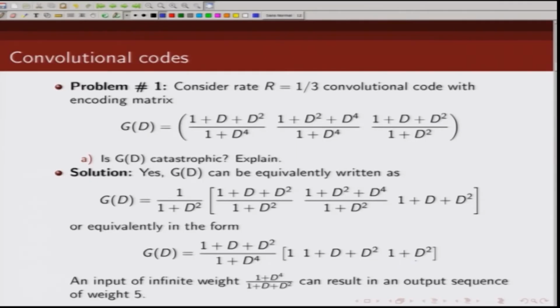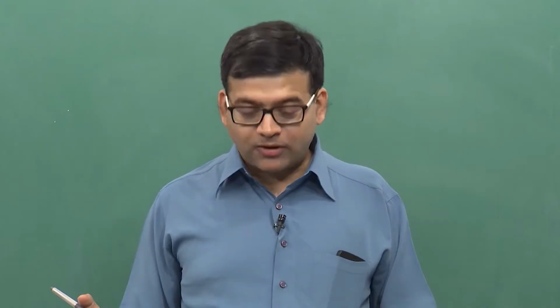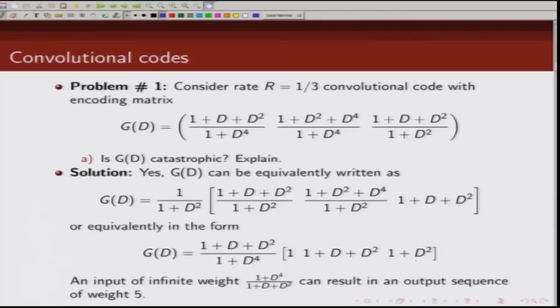Now, how do we know whether this will result in a catastrophic encoder or not? So, look at this particular generator matrix. What is my output sequence? My output sequence V of D is U of D times G of D. Now, is there any input sequence which is of infinite weight, but can result in a finite output weight for V of D?